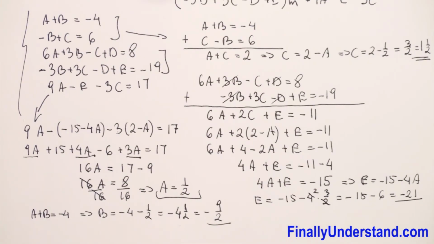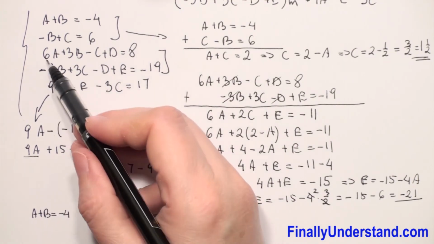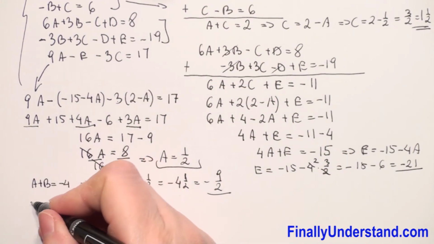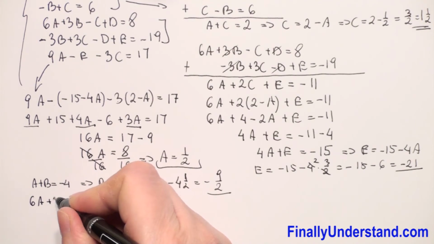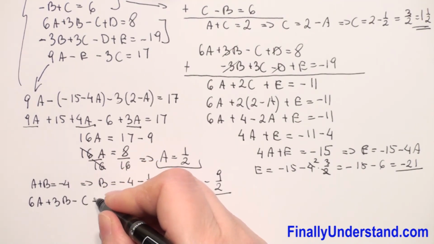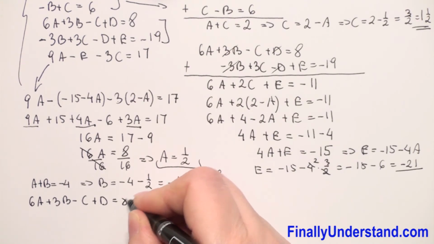Now we need to find d, because e we have. So d we can use, for example, the third equation. Let me copy. We have 6a plus 3b minus c plus d. This is equal 8.